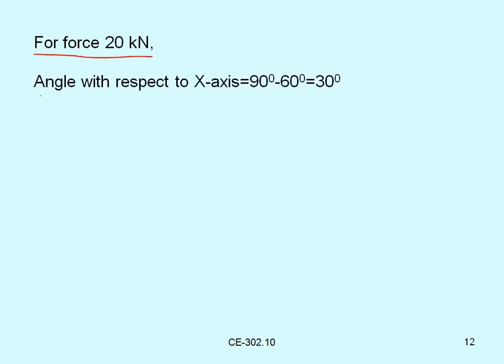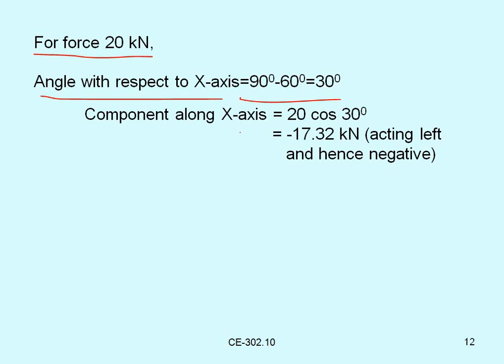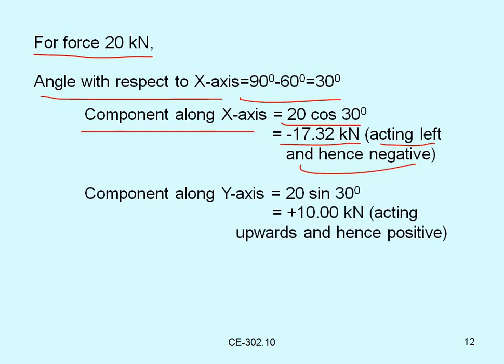Similarly for 20 kilonewtons, the angle with respect to the x-axis is 90 degrees minus 60 degrees, which is equal to 30 degrees. The component along the x-axis is 20 cos 30 degrees, which is minus 17.32 kilonewtons. It is acting to the left, hence negative.